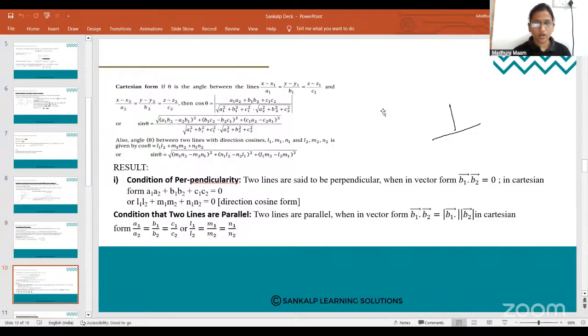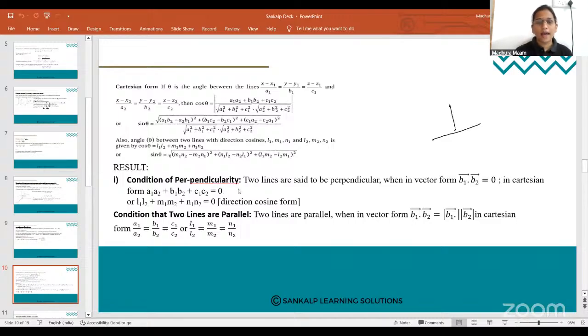Similarly, the condition of parallel lines. When do you say that two lines are parallel? If the direction ratios are proportional: a1 by a2 equals b1 by b2, and that equals c1 by c2. In the same way, if direction cosines are given in place of direction ratios, the condition remains the same. l1 l2 plus m1 m2 plus n1 n2 will be 0 for perpendicularity.